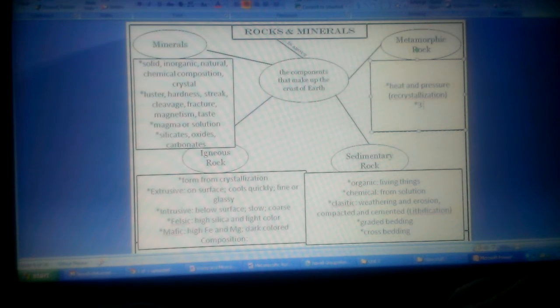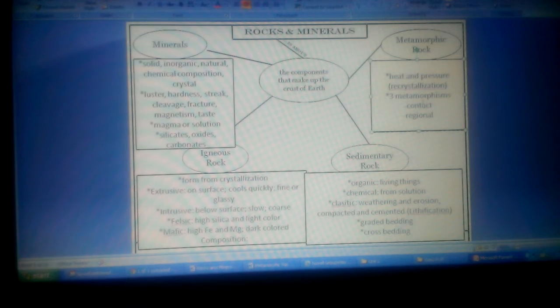So the three metamorphism types, can anyone think of what they are? Now, if you said contact was one, that's exactly right. Contact is when you have direct touching of magma to a rock, and that heat is going to change the rock. If you said regional metamorphism, that is also correct.